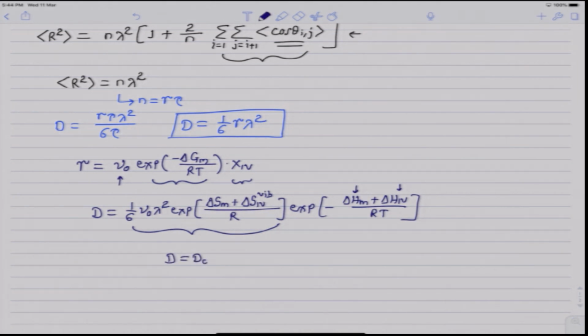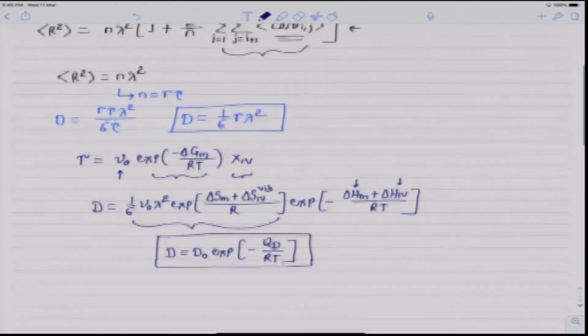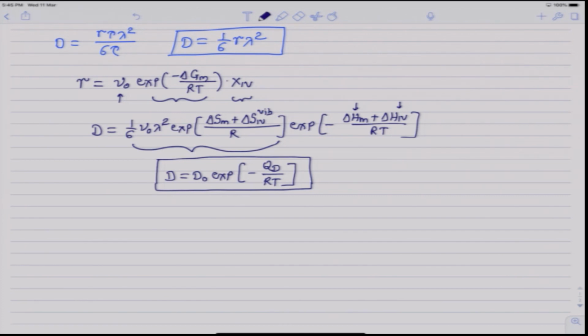So, we get the expression for D as D equal to D0 exponential minus, delta Hm plus delta H1v, which is denoted as Qd, the activation energy for diffusion, over RT, and thus we get an Arrhenius type of temperature dependence for the diffusivity term, which is obvious because diffusion is a thermally activated process.